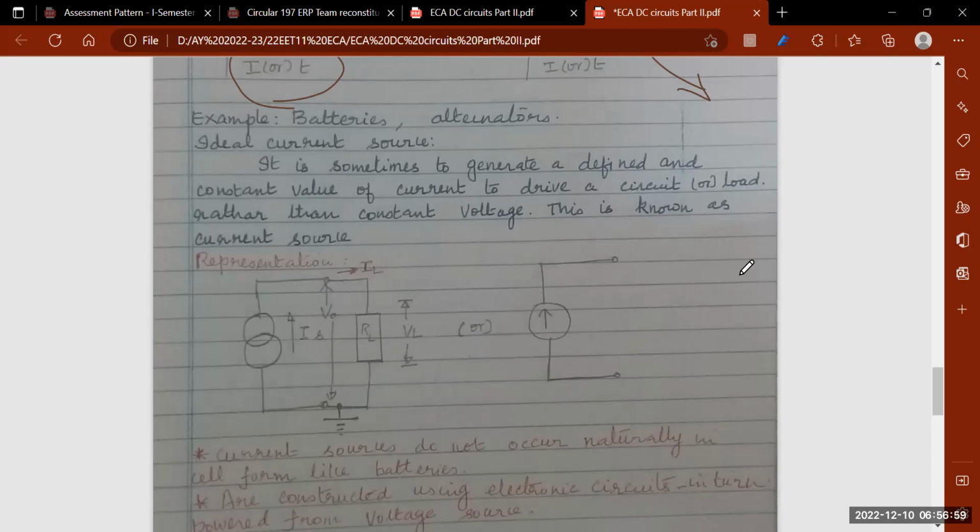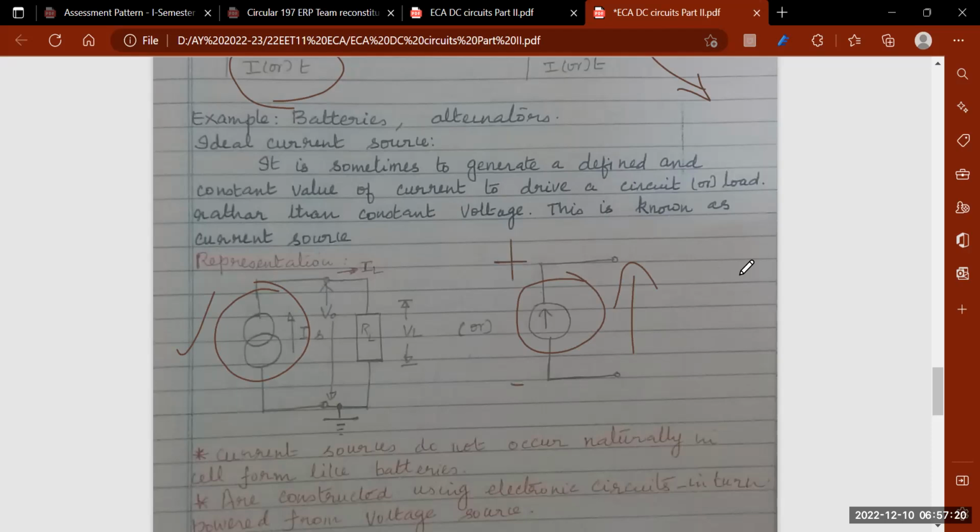The representation of a current source: either I can use two circles like this, or I can draw a circle with an arrow mark. This arrowhead represents the direction of the current, or this point is positive with respect to this point.